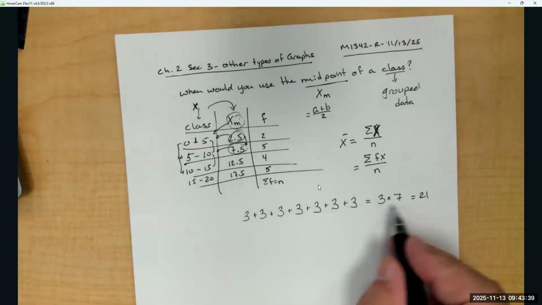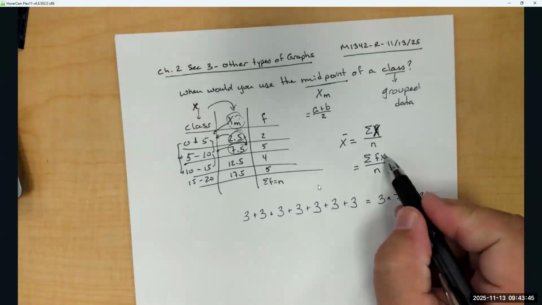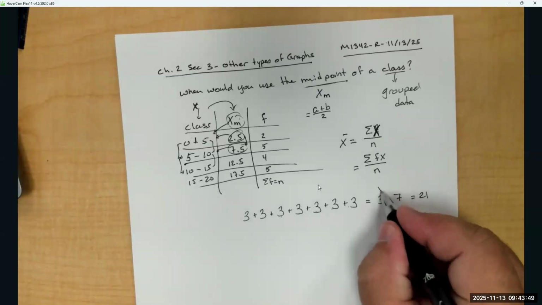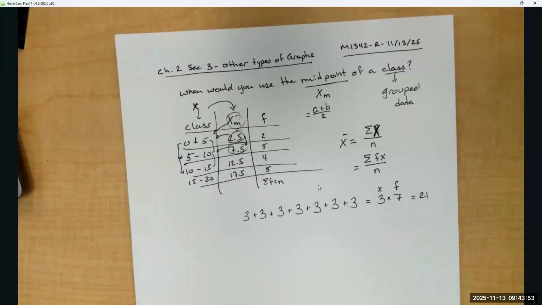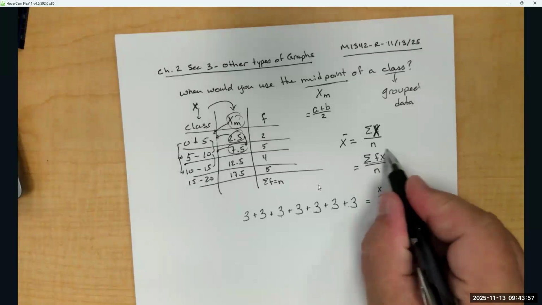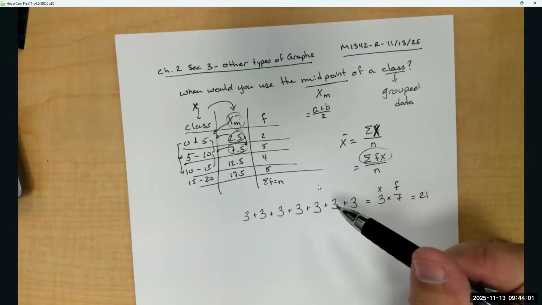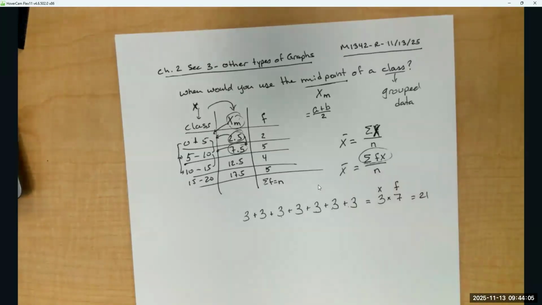Instead of adding all these, I can just multiply them. Basic algebra from elementary school. That's what this says. Instead of adding each of the numbers separately, this is my X. This is how many times it occurs. So what this represents is adding up all my data and dividing by how many I have. That gives me my average.